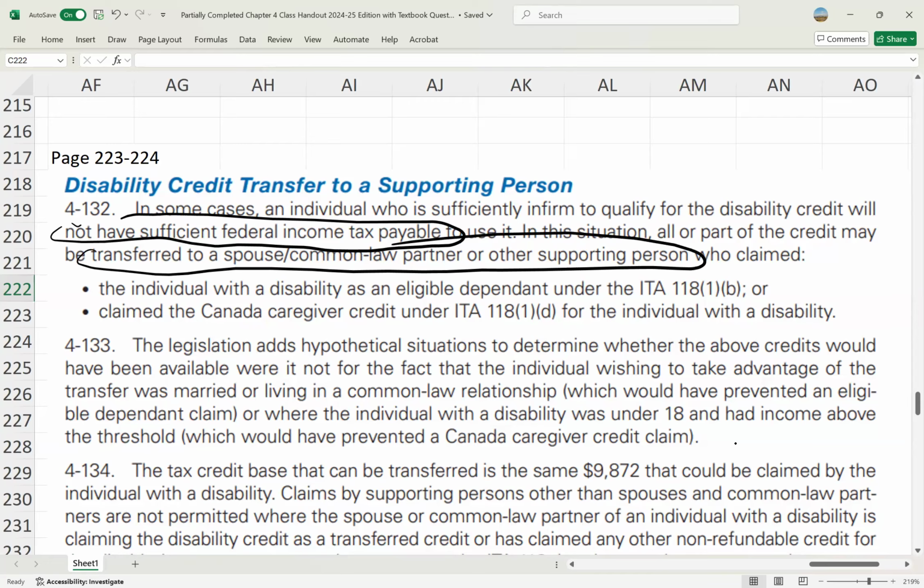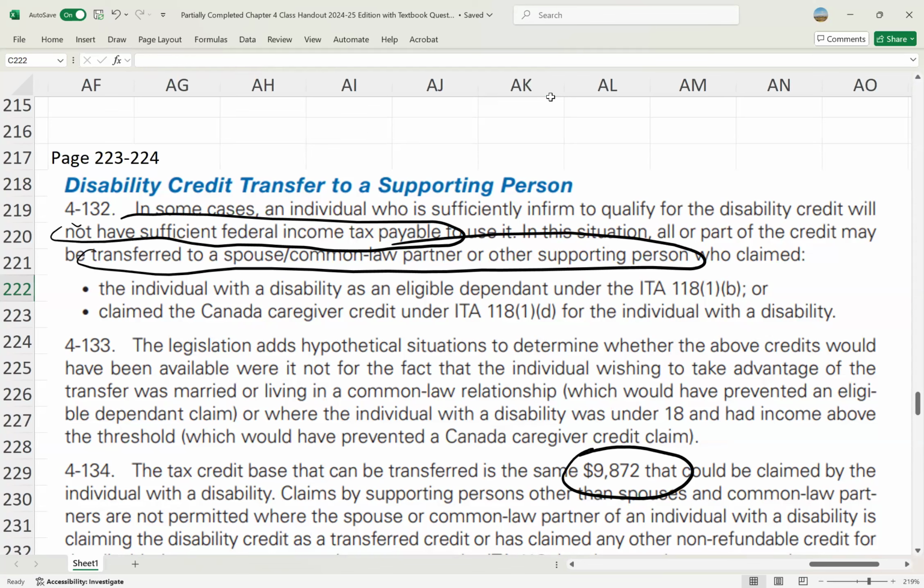So in this example, the mother, Clarice, is supporting the 13-year-old disabled son. So that amount, the whole 9,872, can be transferred to the mother. Now, there's also that supplement as well. Remember from the rates table, we looked at that supplement amount as well.